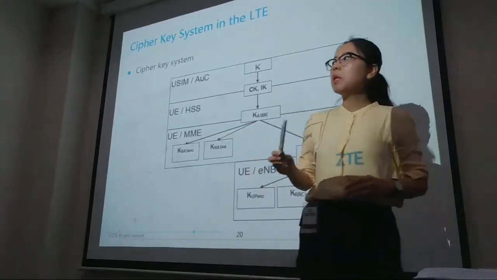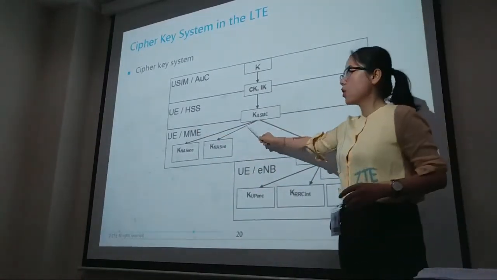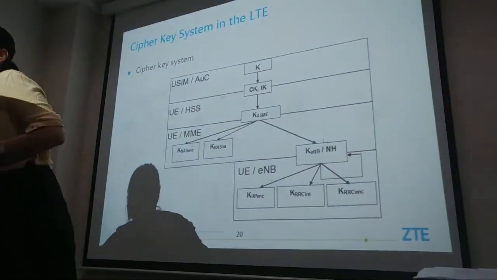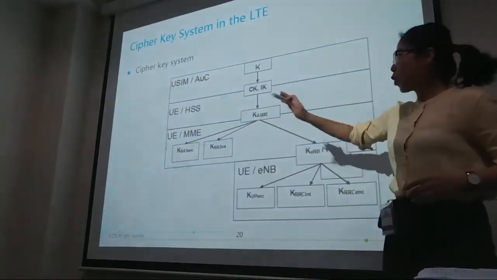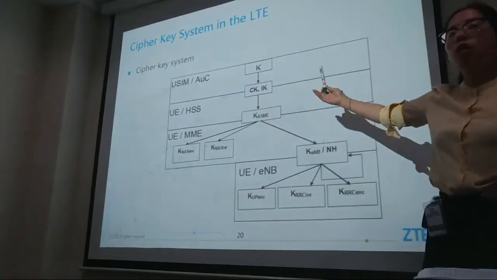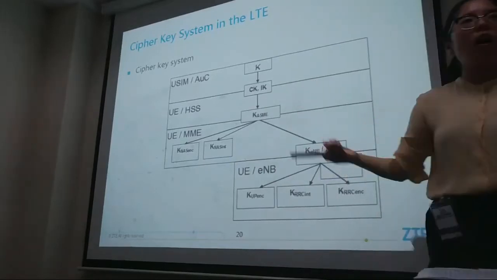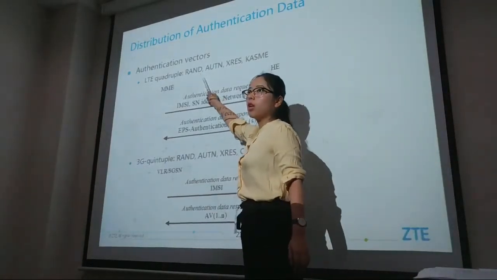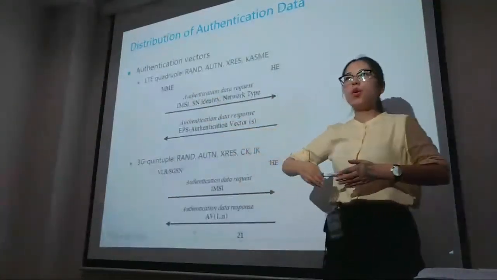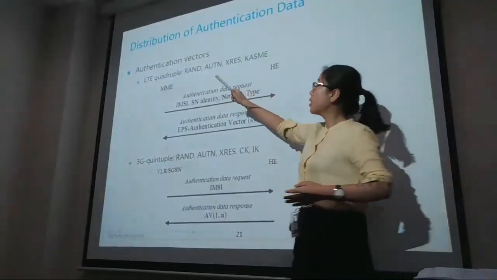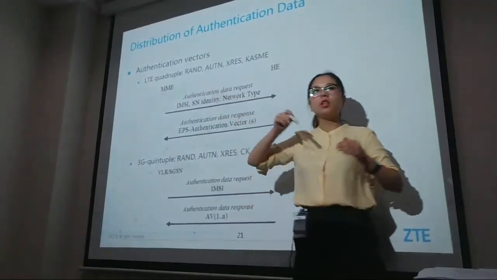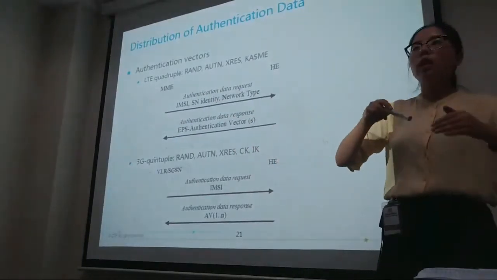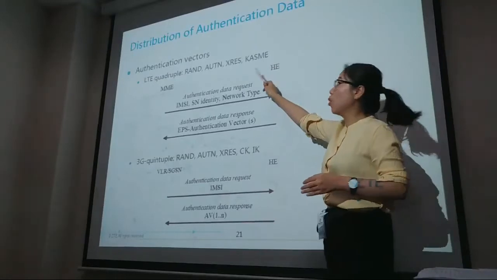When the MME receives the initial UE message, the MME will send a request to the HSS to ask for the KASME, the authentication parameters. The authentication vectors in LTE number four. One is a random value, which we will send to the UE. Another is AUTN, with which the UE authenticates the MME.